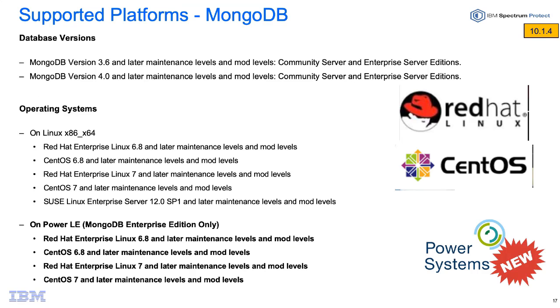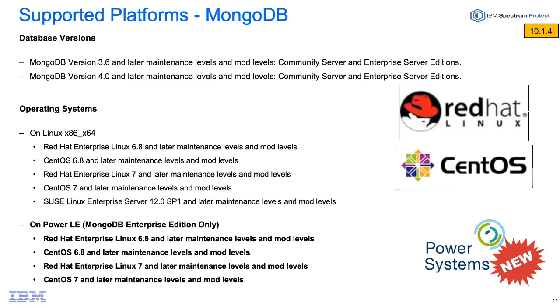Okay, so moving on to our next application, it is MongoDB. And the first change I'd like to tell you about is that, just as we have with DB2, we've also added support for Linux on PowerLE to the MongoDB support.